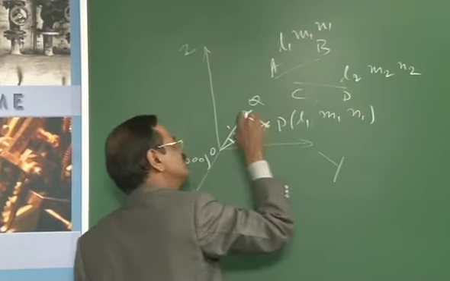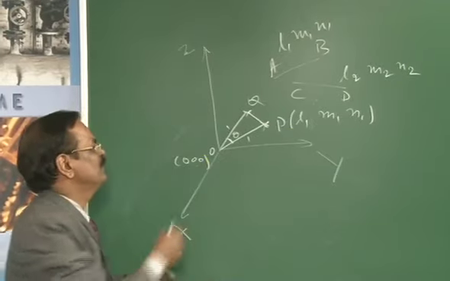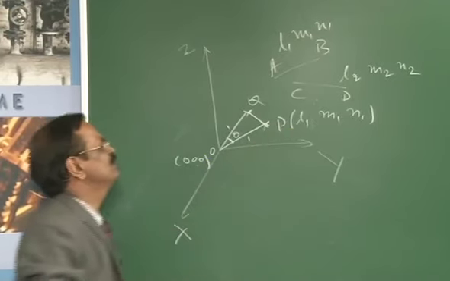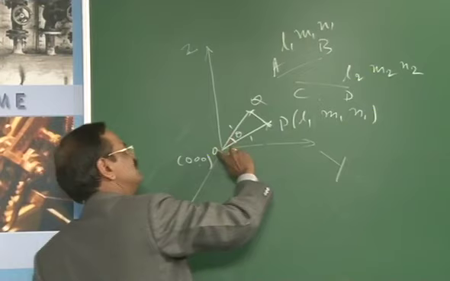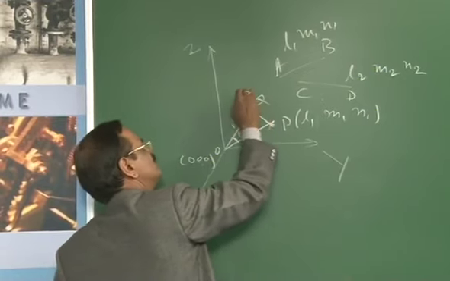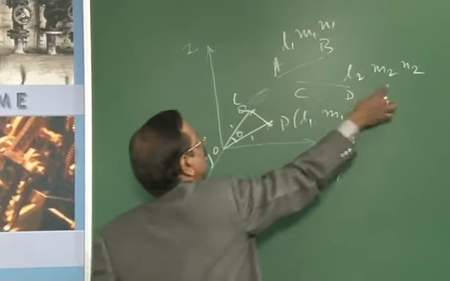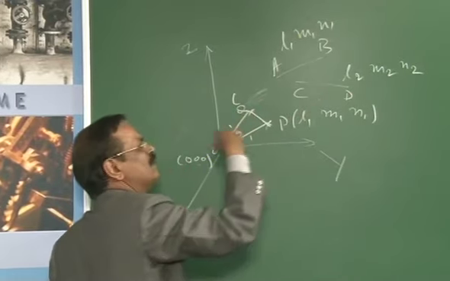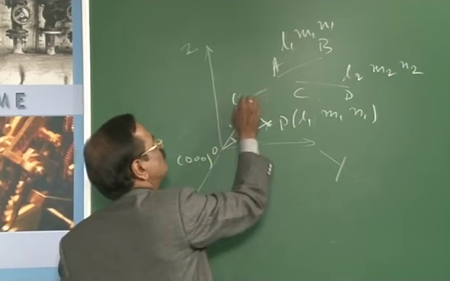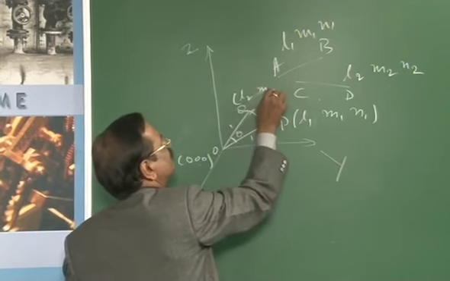So the coordinates of this point are l1, m1, n1. Similarly, the coordinates of this point are l2 into 1, m2 into 1, n2 into 1, just like lr, mr, nr. So it is going to be l2, m2, n2.